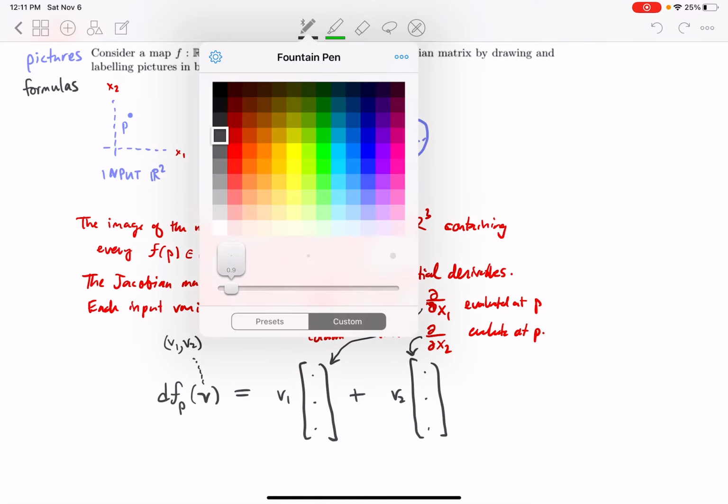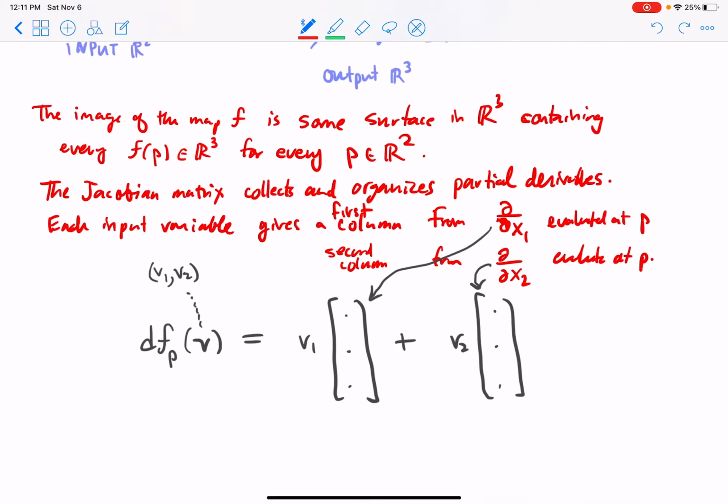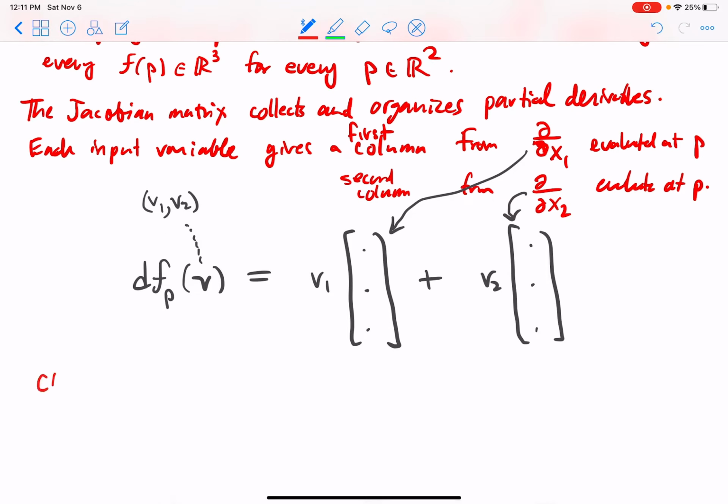Okay, so now I'm going to use words. Choosing v equals e1, 1, 0, or v equals e2, 0, 1, we see that, okay, let's choose 1, 0. Then this is a 1, and this is a 0.